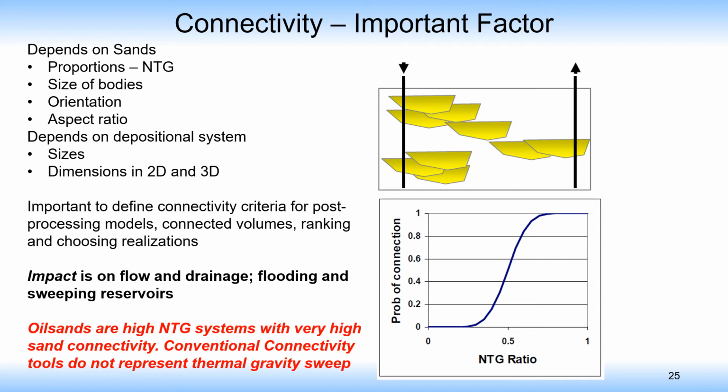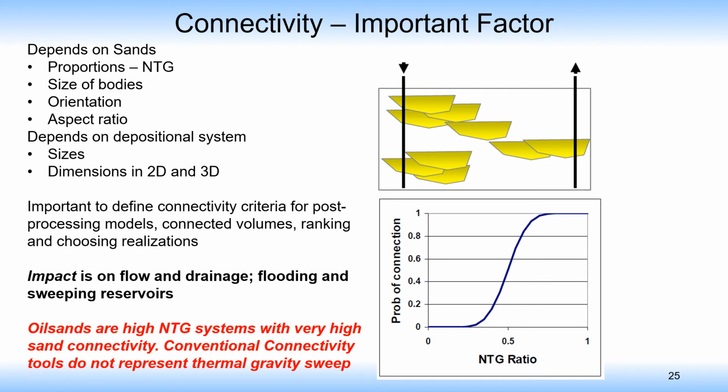So oil sands, what's interesting is that oil sands are high net to gross systems. So the sands are always connected in the main reservoirs. And so we need to know a little more than just the sand connectivity. That's why bulk oil weight comes into play. But the impact is on flow, drainage, flooding, and sweeping the reservoirs.